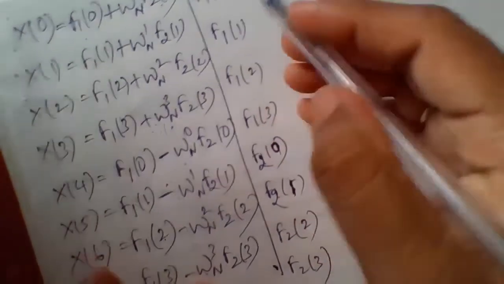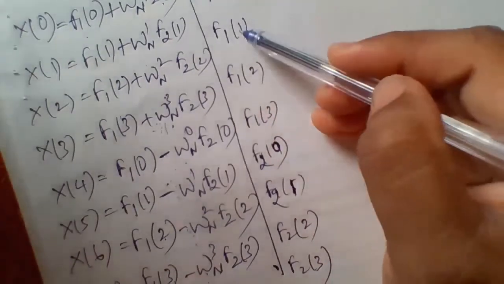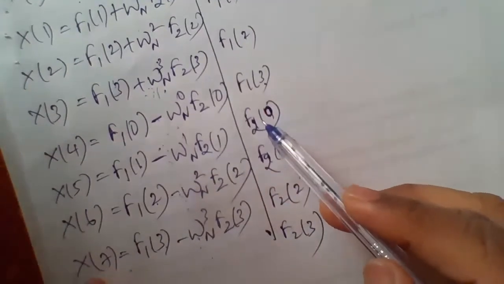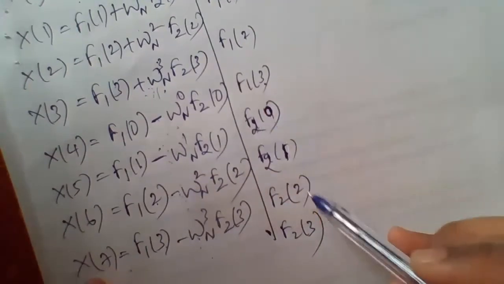What are the inputs here? The first four values are f1 of 0, 1, 2, 3, and the next four values are f2 of 0, 1, 2, 3.